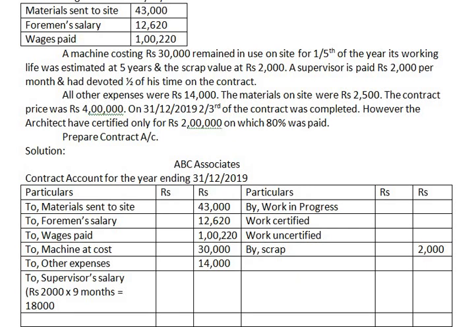Okay, and he has devoted half of his work. So into 1 divided by 2, so that is equal to 9,000 rupees. Hope everybody has understood this calculation. Why into half we have made? Because he has devoted only half of his time for this particular contract.